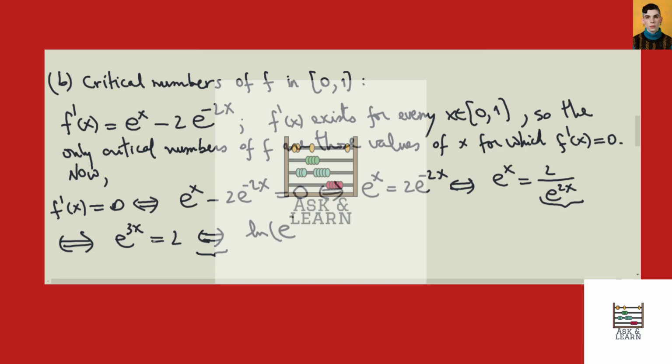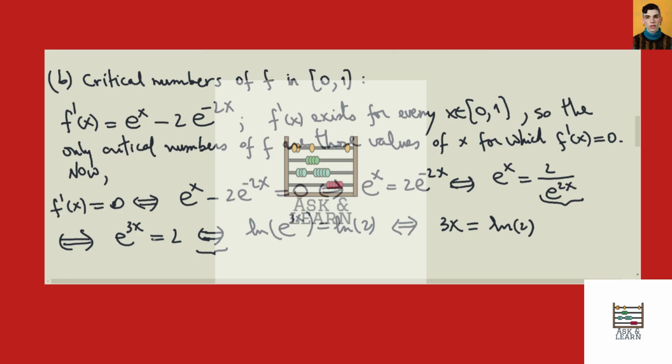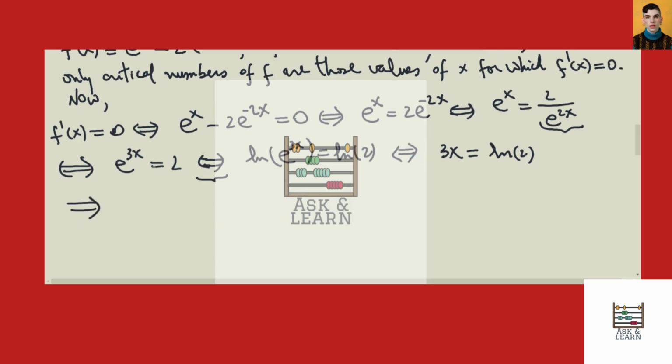Natural logarithm of e^(3x) equal to the natural logarithm of 2, and this is equivalent to 3x, because the natural logarithm and the exponential functions are inverse to each other, equal natural logarithm of 2. And this is the same as saying that x is the natural logarithm of 2 over 3. And that's the exact value where the derivative is 0.